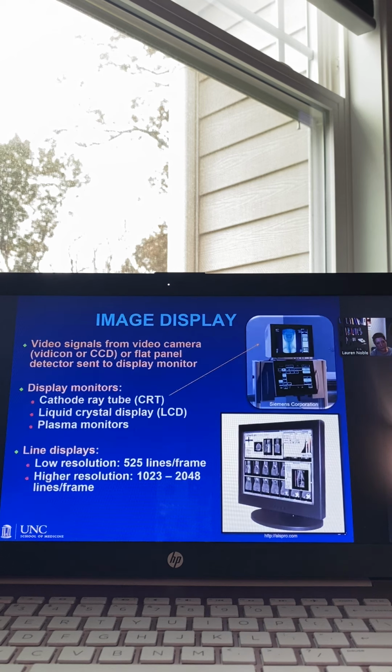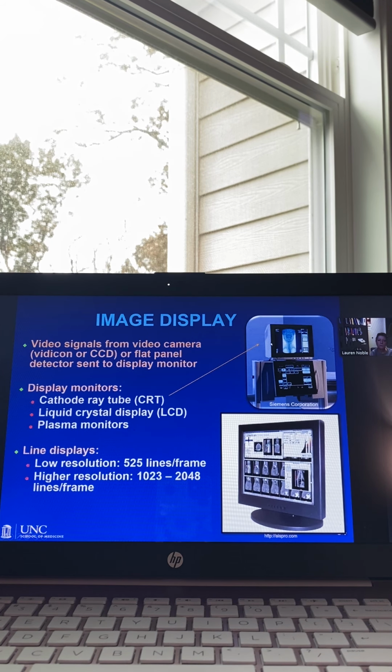All right. And then let's just do image display, and then we'll take a little break. Image display: those video signals, those electrons, like we said, do get sent from the CCD to a monitor. You'll see different types of monitors out there, and we already mentioned this, but this is a cathode ray monitor.